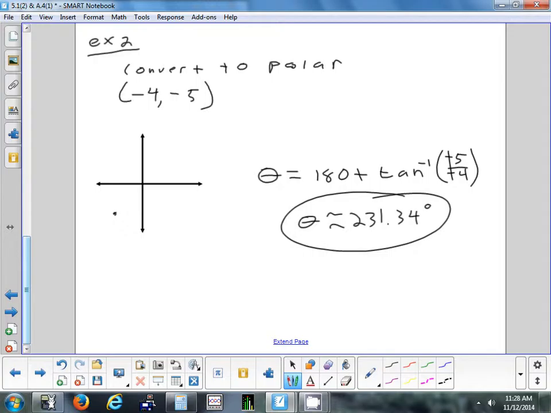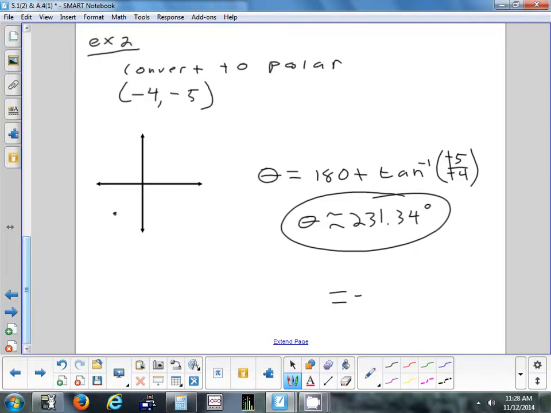And Zach, how do I find my radius? You would do the negative tangent of -4 over -5. So anytime you use an inverse trig function, that's to find an angle. We've already used the inverse trig function. We already have the angle.